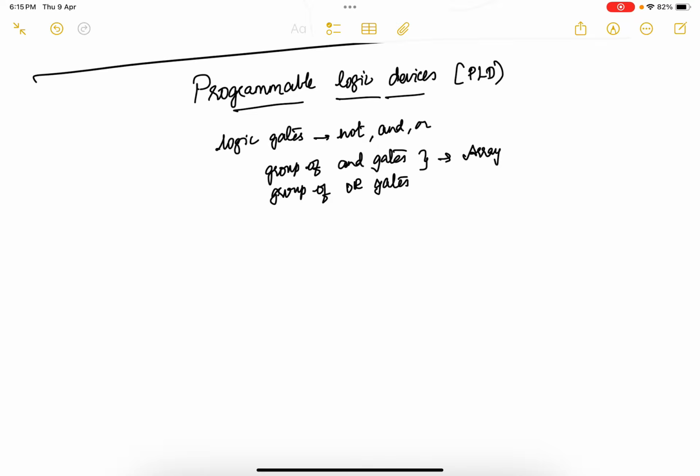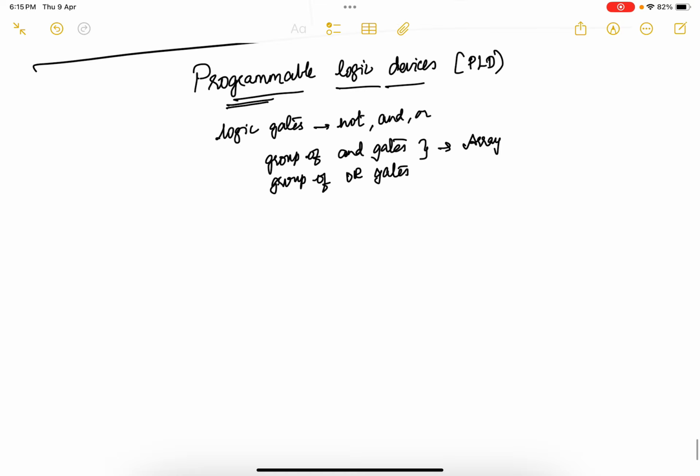The next term is programmable. So what is programmable? Programmable denotes that I can change the value of the inputs. Sometimes the input may be fixed.